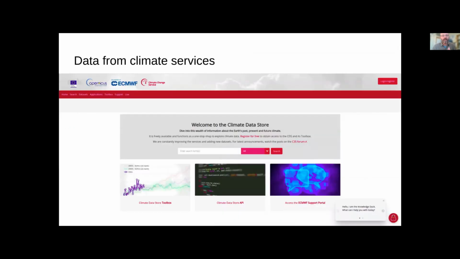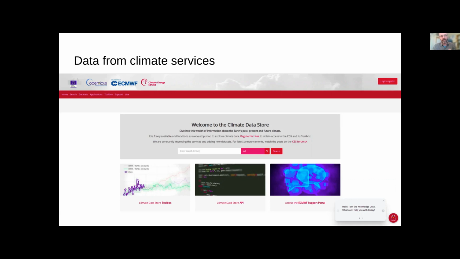So we chose data from climate services. In this case, we picked some old weather forecasts, but you can also take some reanalysis from the Copernicus C3S climate service, and these you can download for free.